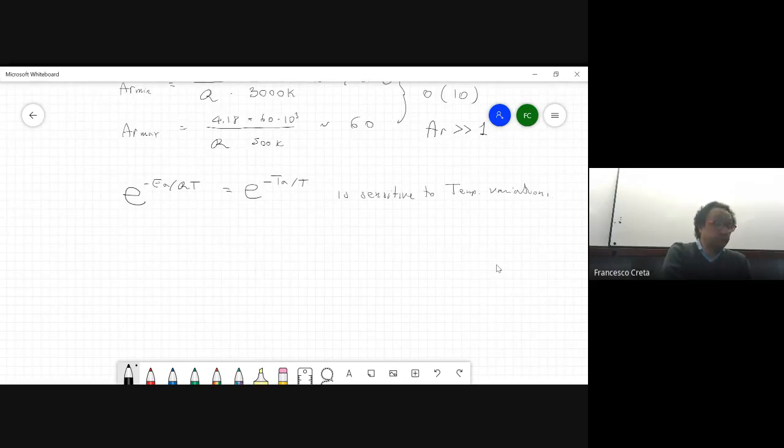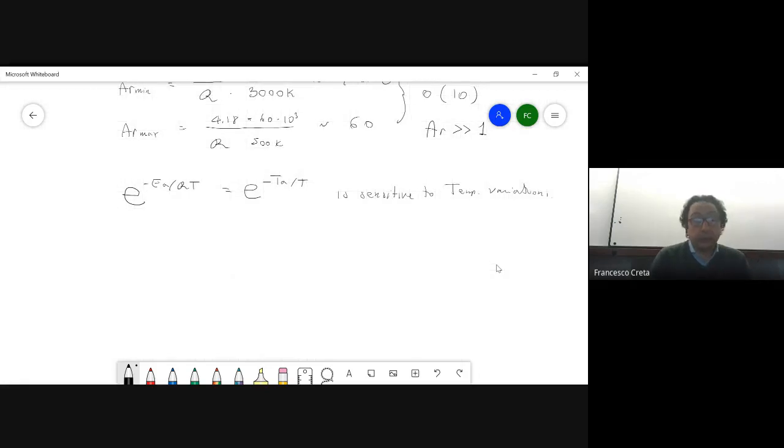Well, one thing that we can do is we can consider the maximum reaction rate attainable. What's the maximum reaction rate that we can attain? Well, it will be a measure.